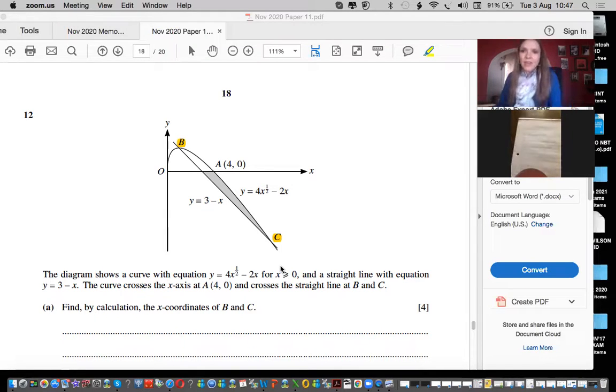So we integrate the top minus, and then we integrate the bottom. So let's just quickly do that. Let's say the curve and then the straight line, because it does look like that is the 2 that we're dealing with. So we integrate the curve.